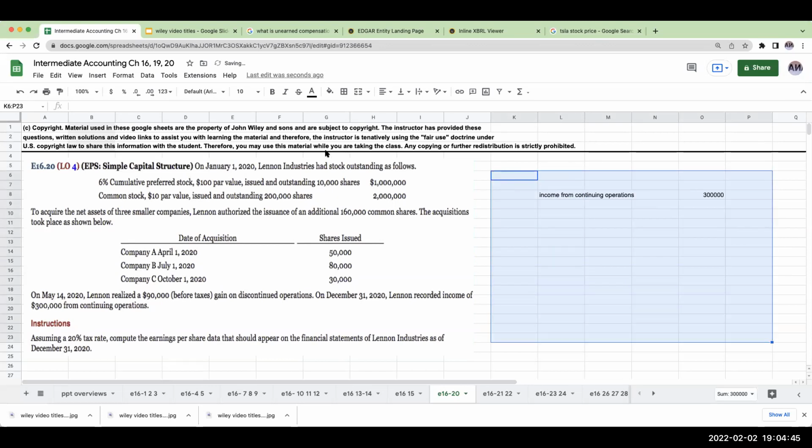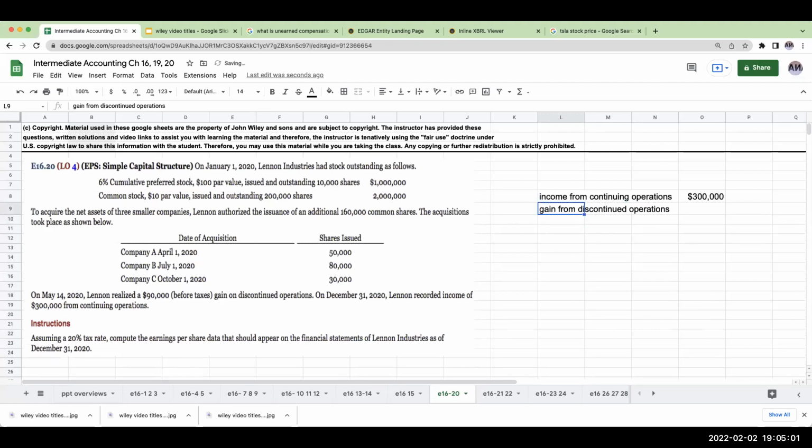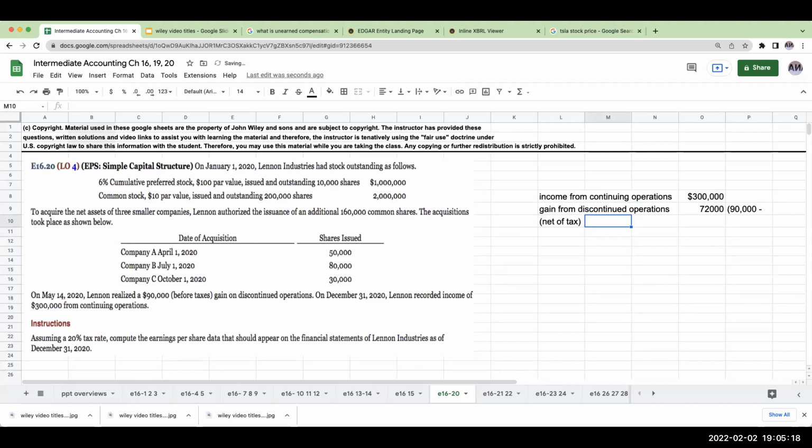And this is going back to chapter 4 in your textbook, in terms of how we handle discontinued operations. So you have a gain from discontinued operations, and this is going to be 90,000 times 0.8. This is 90,000 because we show the gain from discontinued operations net of tax.